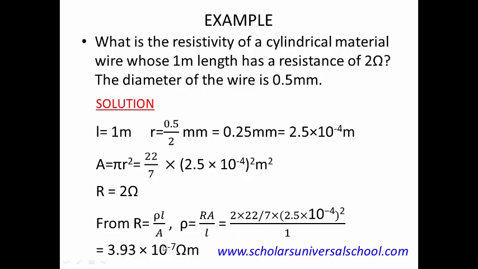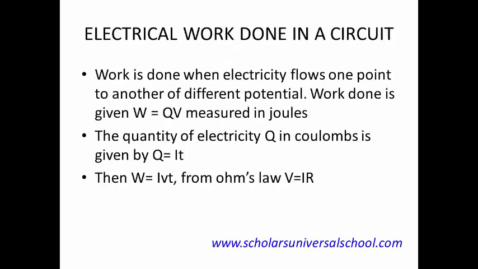From this, we get the value of the resistivity of this wire to be 3.93 times 10 to the power minus 7 ohm meter. Remember, the unit for resistivity is ohm meter.